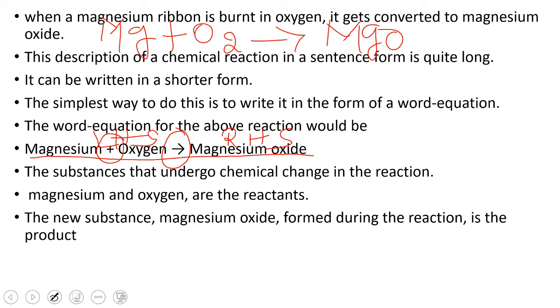In between reactants and products, we have an arrow mark. This arrow mark shows the direction of the chemical reaction where reactants react with each other and form the products. Always the head of the arrow mark should be towards the product side.